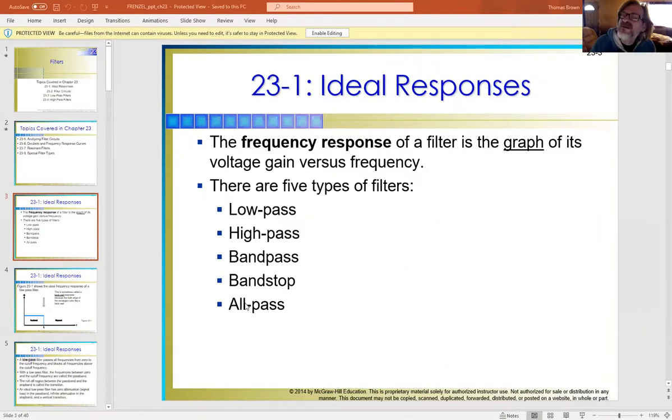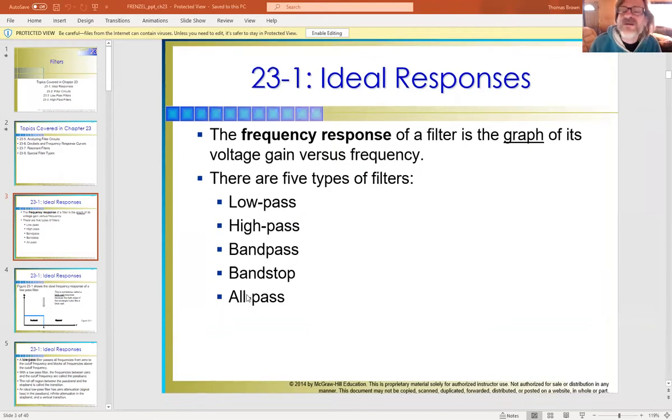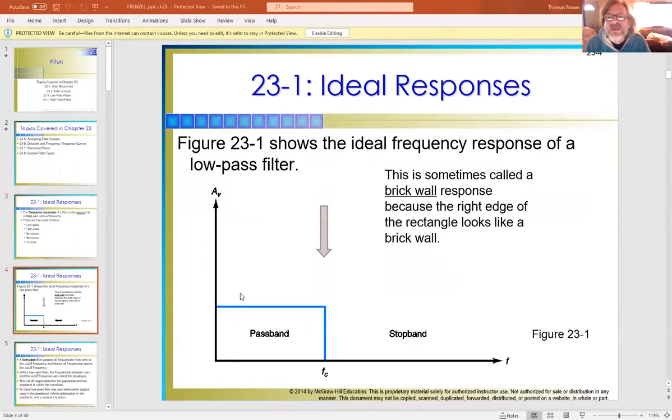Usually it's basically distortion. You get unwanted things through, and it's affecting your original signal. So it's distorting it, if you will. So really what we look at is what a filter is capable of.